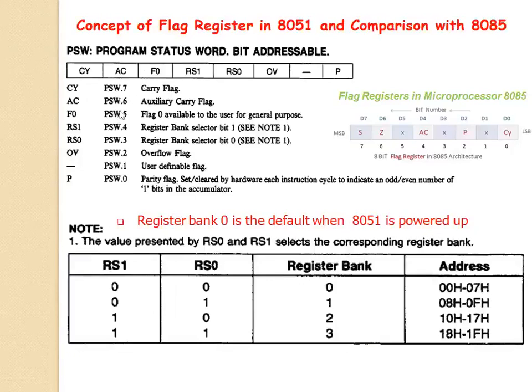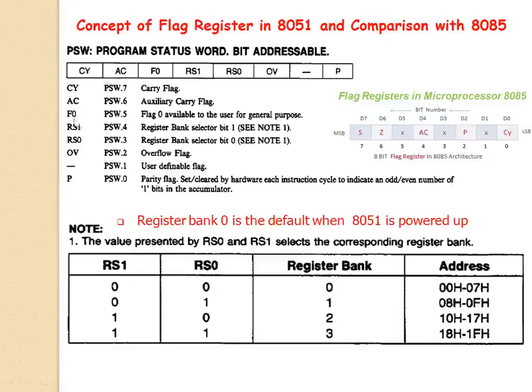Here a few flag bits are common as in 8085: the carry flag, the auxiliary carry, and the parity. These 3 bits are common.